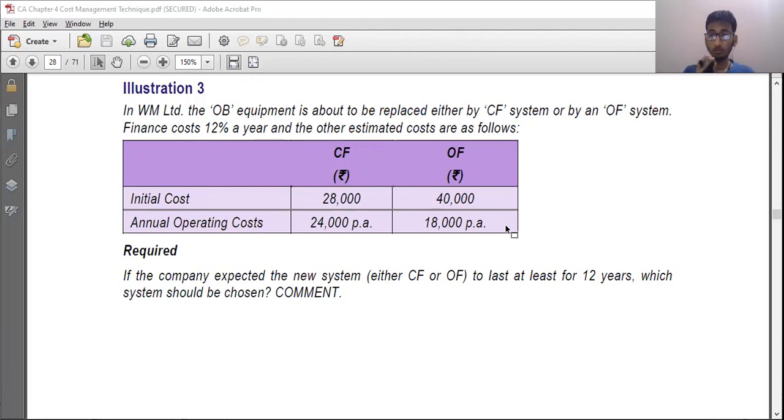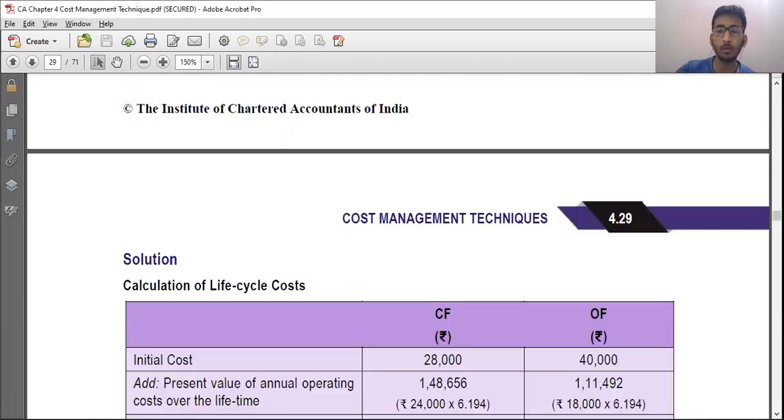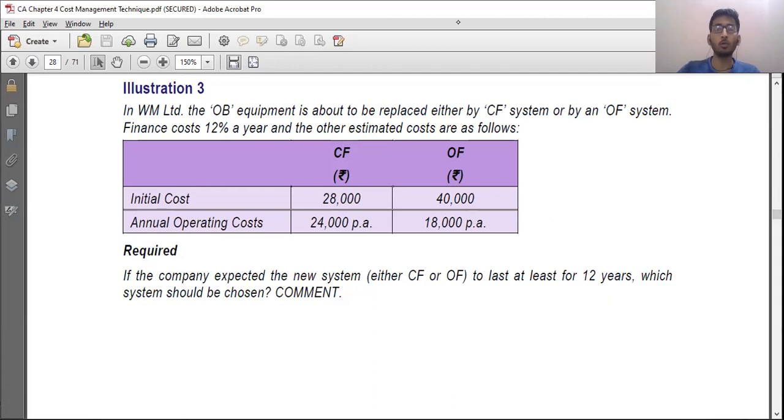So basically, we are comparing two systems, CF and OF. We are given the initial cost of CF and OF and the annual operating cost of CF and OF. If the company expects the new system to last at least 12 years, which system should be chosen? Comment.